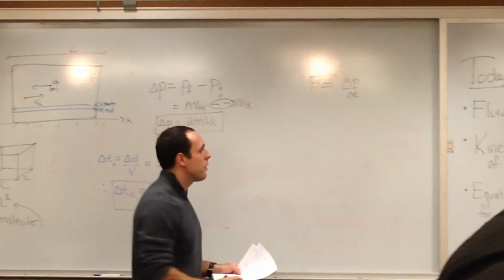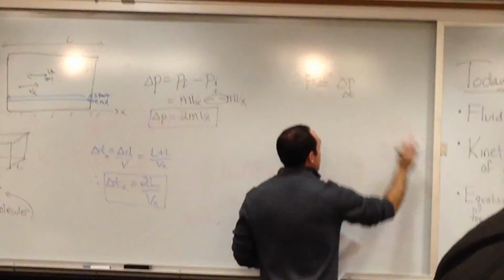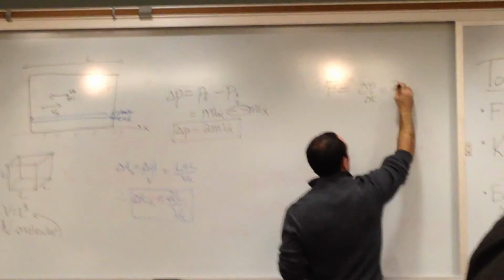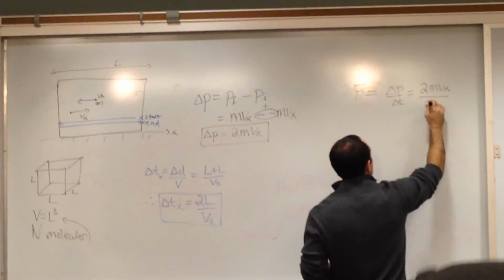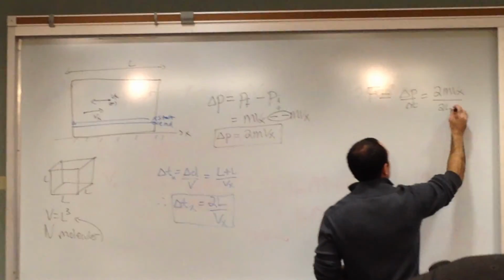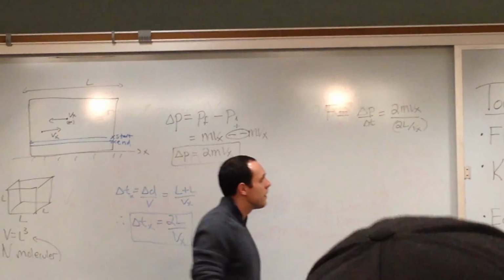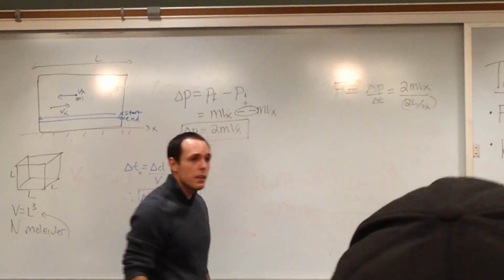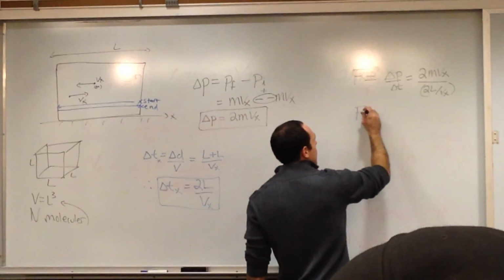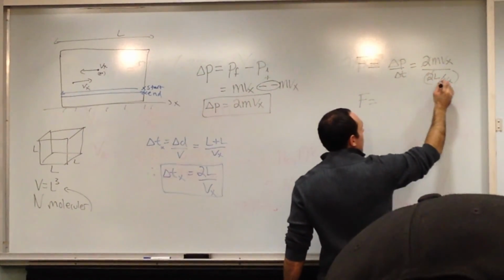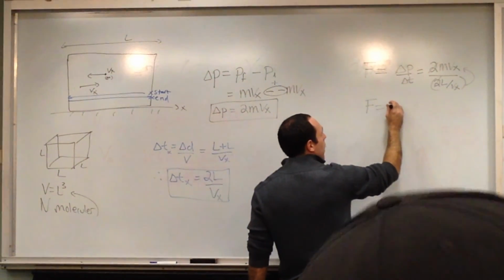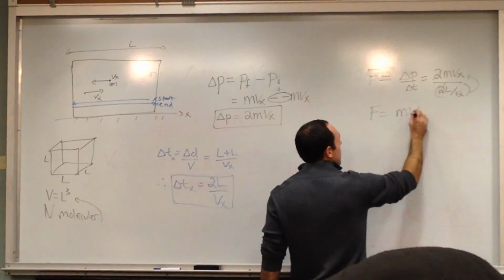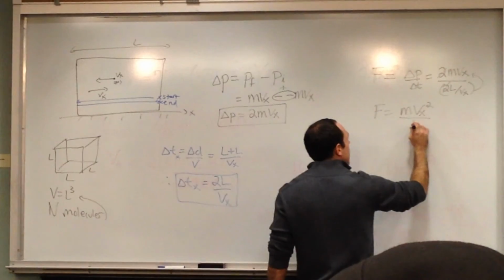Let's see what that's equal to. That's going to be equal to the change in momentum, 2mvx, divided by the change in time, which is 2L divided by vx. If we do this, these two 2s cancel out, this Vx comes to the top, and what we get is the total force applied is going to be mvx squared divided by L.